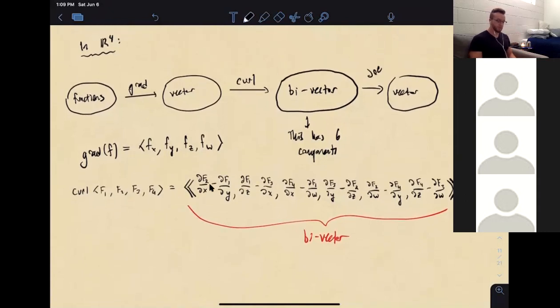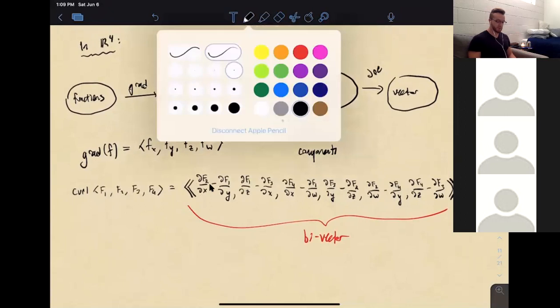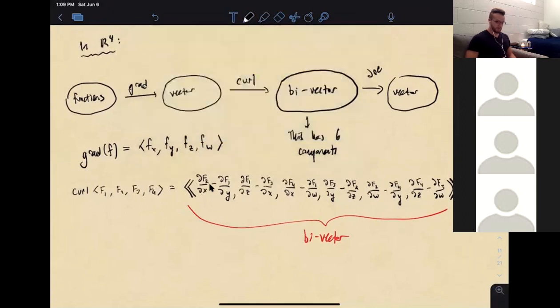Books will be published about this in my honor in the future. So what is this operation? It eats a bivector and spits out a vector. So this means it eats a thing with 6 components and spits out a vector with 4 components.